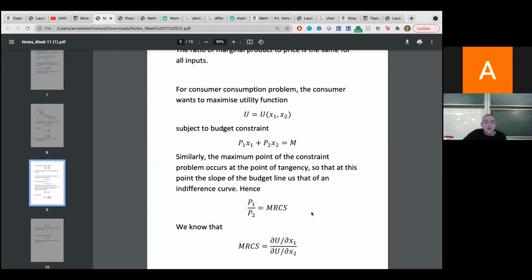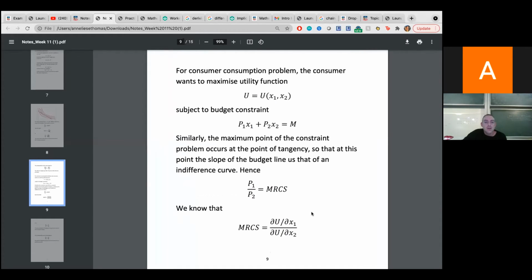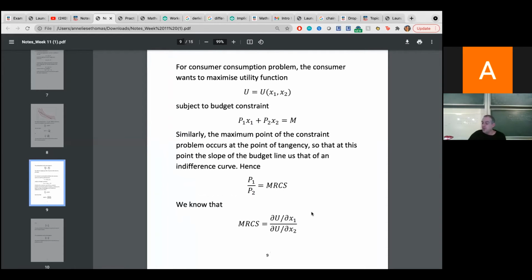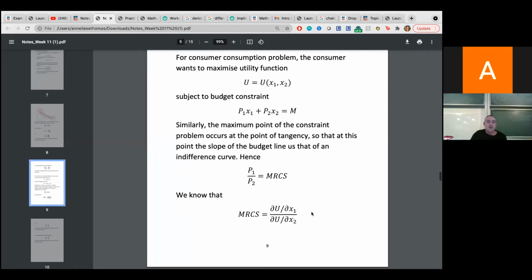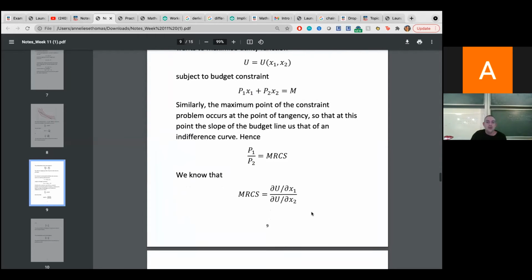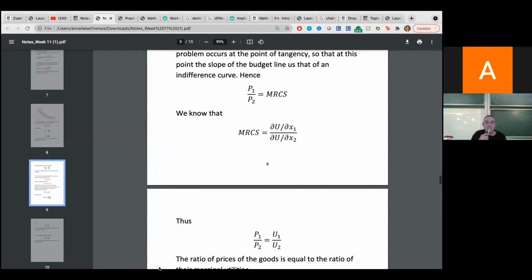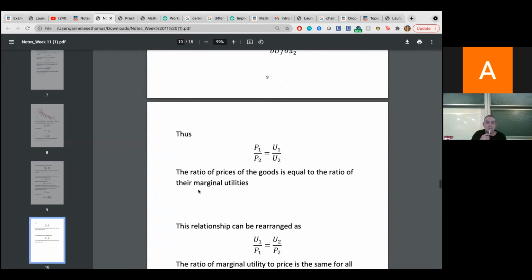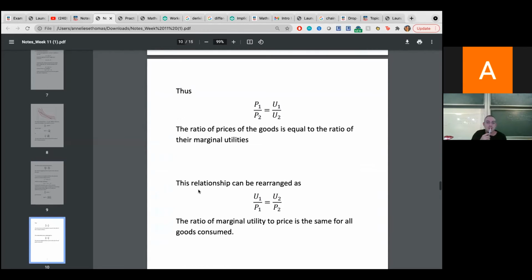Aha. The MRCS isn't dx1 on dx2, it's minus dx1 on dx2. Okay. Keep going. Okay, keep going.